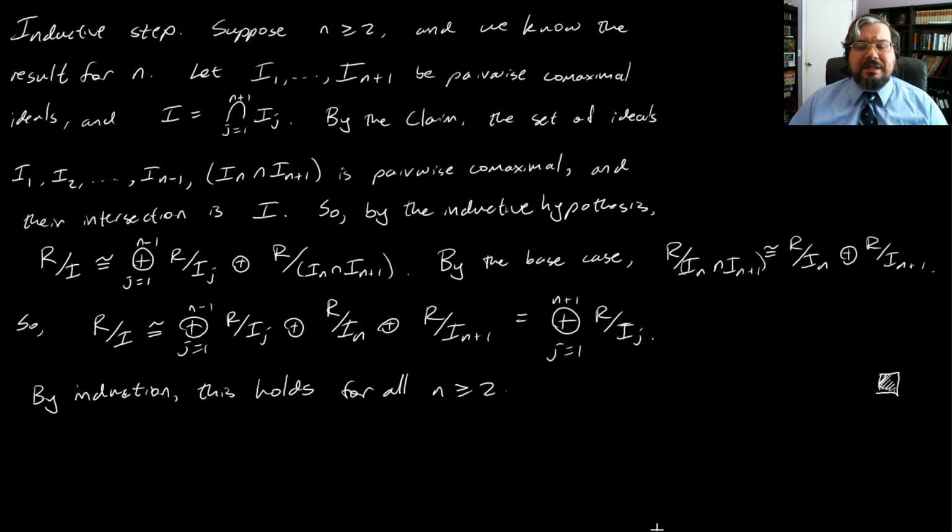Really, I would say the only two clever parts of the proof are in showing the claim, showing that comaximality is preserved if you intersect some of the ideals, and showing surjectivity requires you to come up with this element x based on the y1 and the y2 inside your ideals that add up to 1. But once you have those two ideas in mind, the rest of the proof goes in a fairly straightforward manner by the first isomorphism theorem and induction.